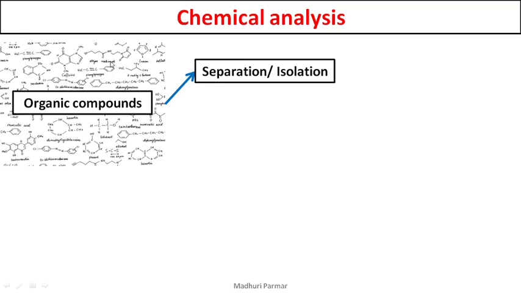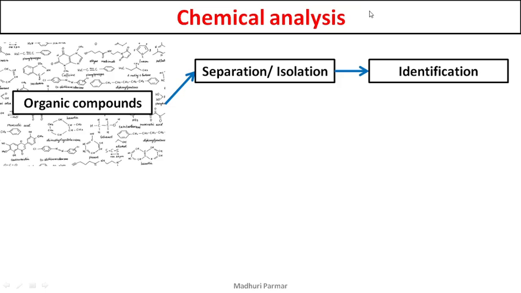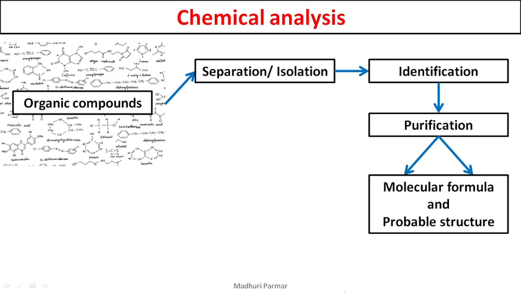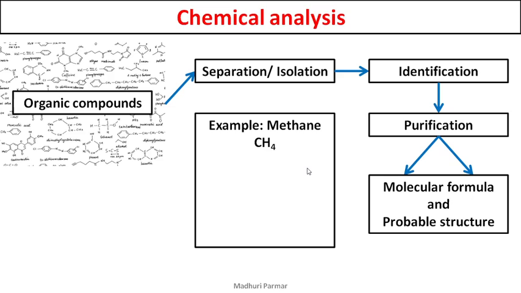After separation, you identify what has been separated, after which it can be purified to get only the single compound you want to study. After purification, you can perform analysis to find out its molecular formula and its probable structure.